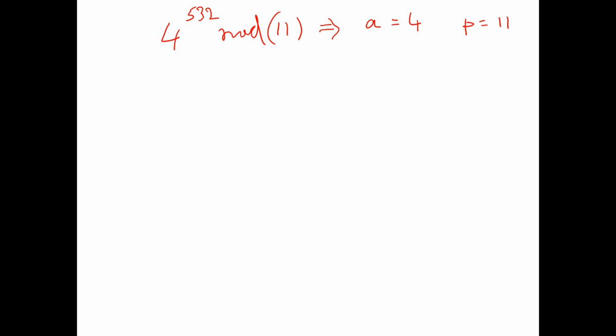So if that is the case, let's take a to the power p minus 1, which happens to be 4 to the power 11 minus 1, that is 4 to the power 10.